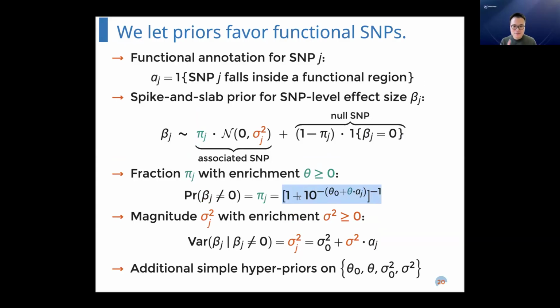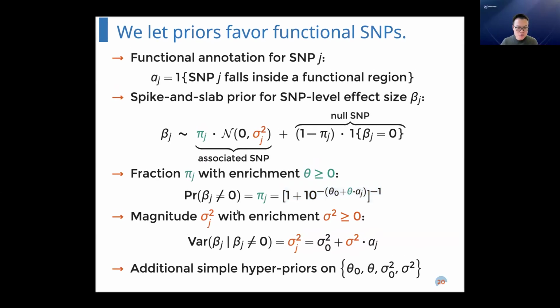That is, if SNP-J belongs to some important functional category, then the corresponding AJ will be 1, and consequently, the corresponding pi j value would be larger than the pi j value for the SNPs that are outside the functional region, okay? So you can see I'm introducing some kind of preference or favoritism, okay? And we're calling this enrichment in genetics.